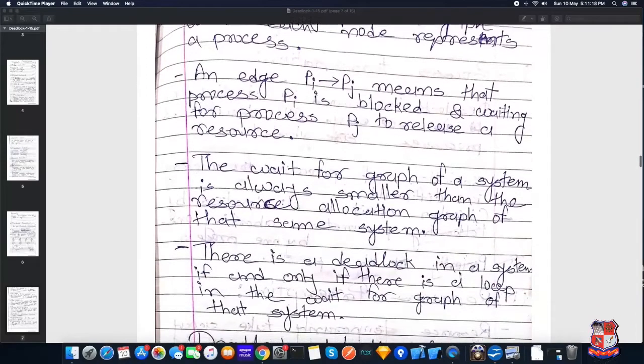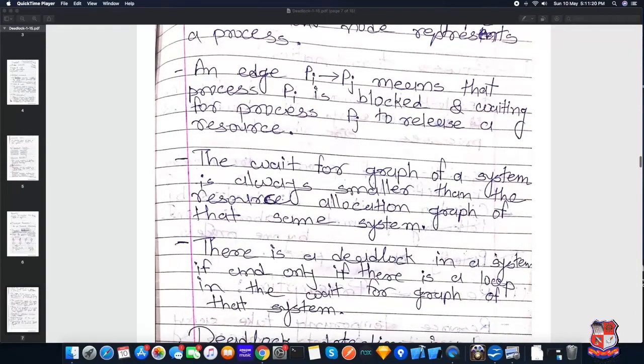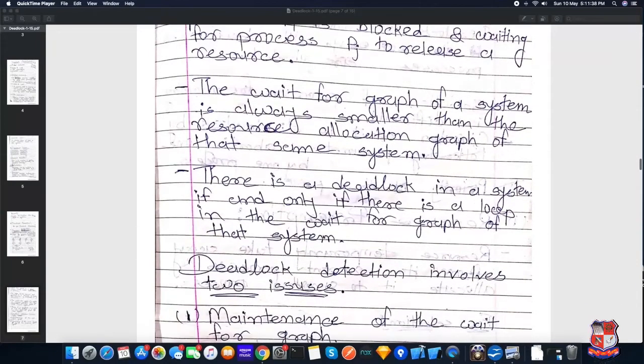The next point is that the wait-for graph of a system is always smaller than the resource allocation graph of that same system. So the wait-for graph is smaller than the RAG and totally depends on the RAG.